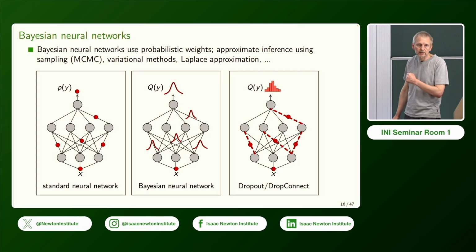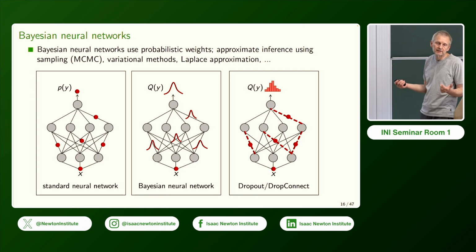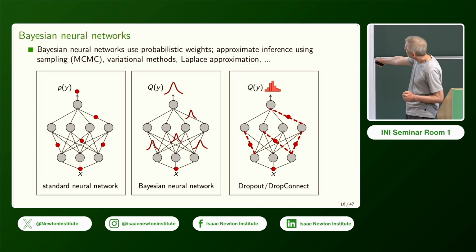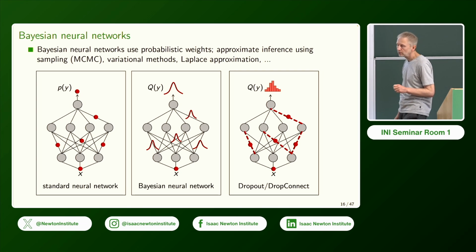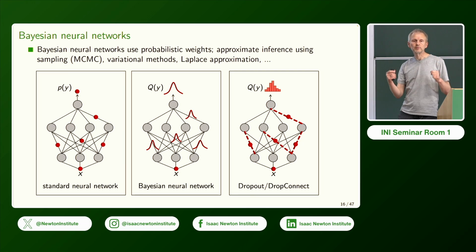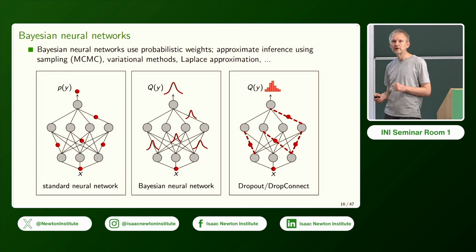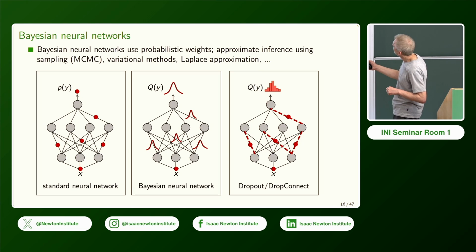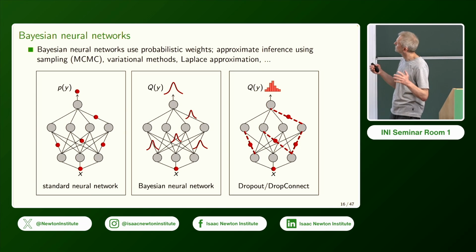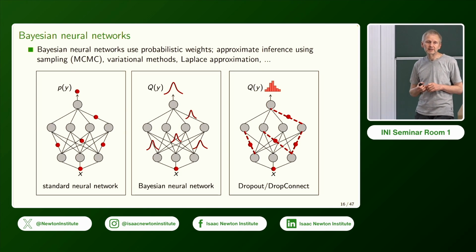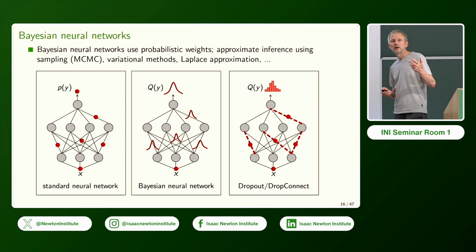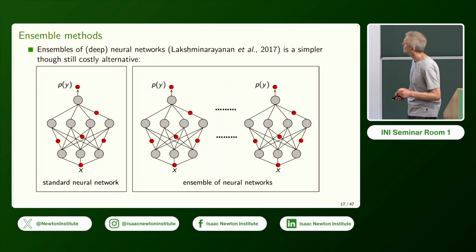And this is, again, a second order distribution. So this is one way to realize, in a sense, this Bayesian approach. Methods like dropout, DropConnect, and so on, you can also interpret from this perspective, and they also have been quite popular in the recent past. But yes, inference is expensive, and you have to use sampling techniques, variational inference, Laplace approximation, and so on, because exact computation is normally intractable.